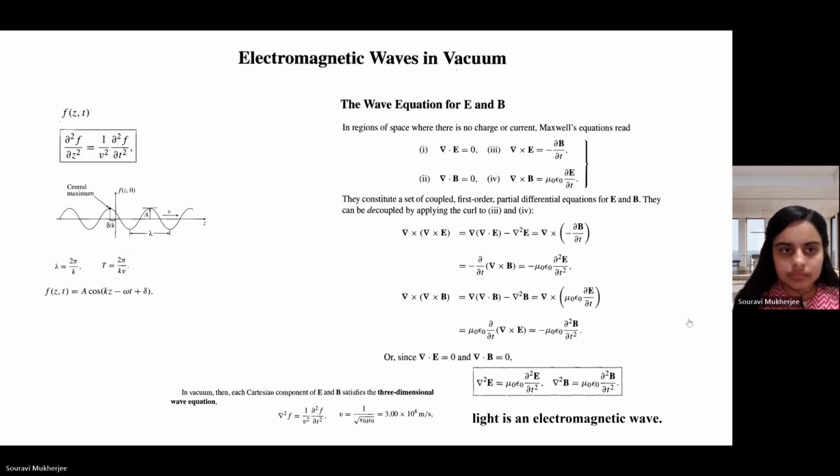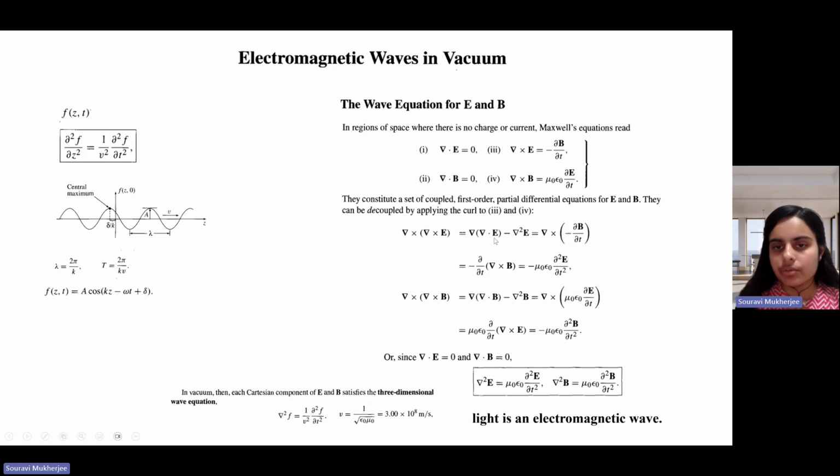So now, keeping this basic picture in mind, if we talk about Maxwell's equations, which we had already discussed in the last class, we know that in spaces where there is no charge and no current, this is how Maxwell's equations look, right? Now, if you do a curl of E and use those formulas, what you get is something like this.